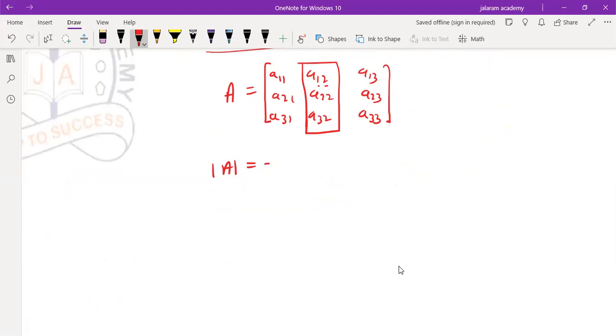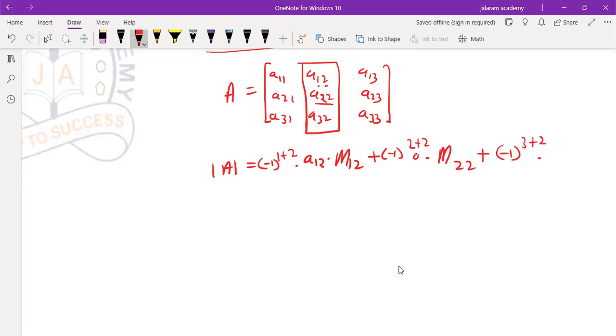So we use minus 1 to the power 1 plus 2 into this element A12 into minor of 12, then plus minus 1 to the power 2 plus 2 into the element A22 into the minor obtained by deleting second row, second column, plus minus 1 to the power 3 plus 2 into the element of third row, second column, into the minor of third row, second column.